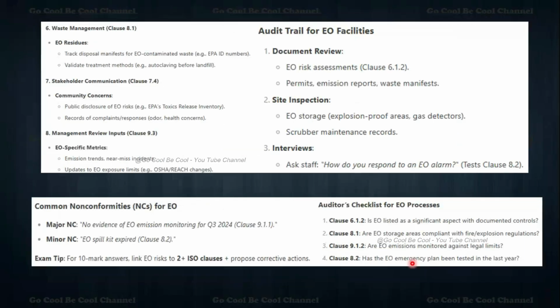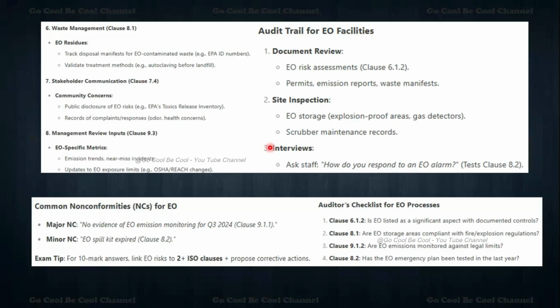So they will reward you. Here also we have extra: waste management 8.1, stakeholder communications, management review 9.3. Then audit trails: for example, if you don't know, you can write for EO facilities: document review, EO risk assessment, permits, emission reports, site inspection, interviews, and then we can write it.